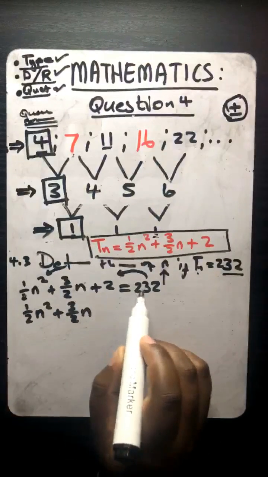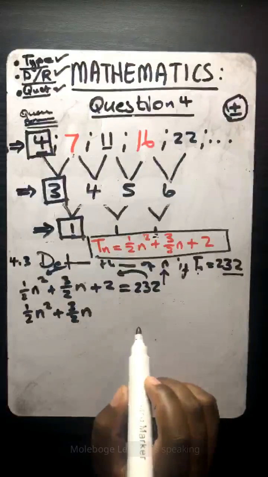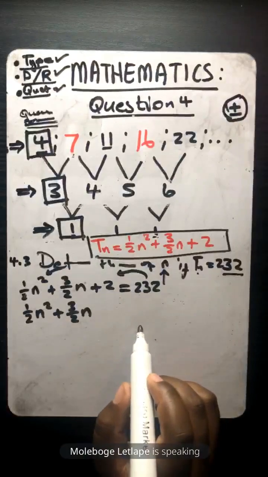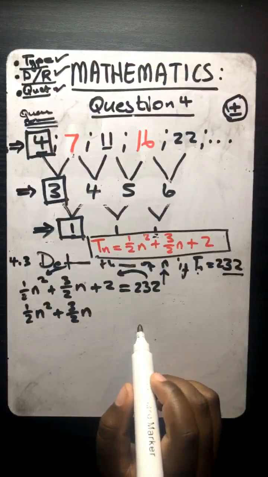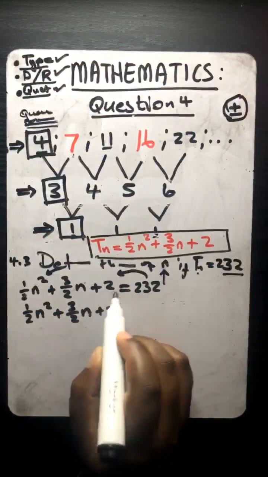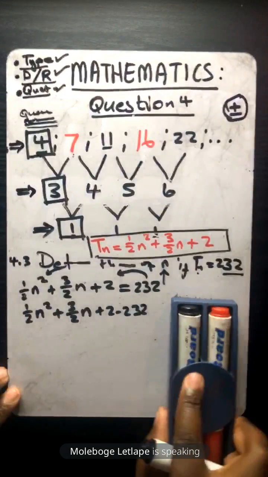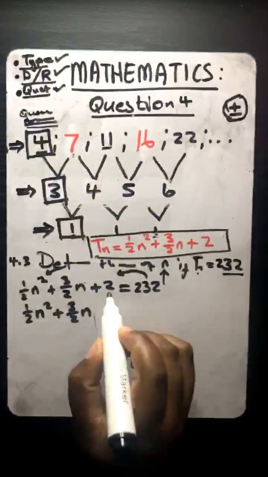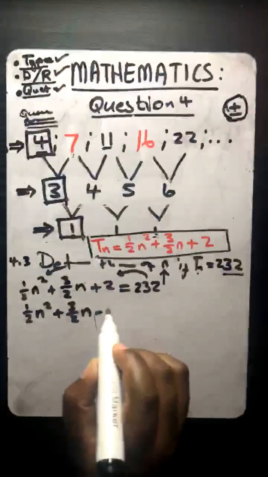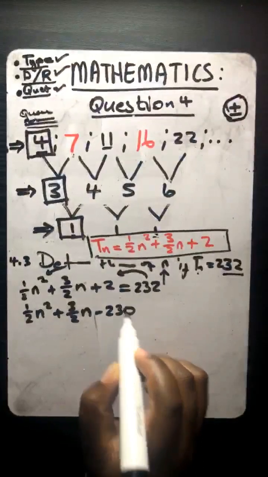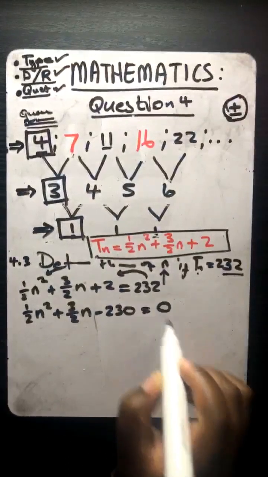That is why when you take it to the other side, it changes the sign and becomes a minus. So it's more like you're having that positive 2 minus 232, which makes it 230, but a negative value because you say 2 minus a bigger number. So you end up having negative 230, which is equal to 0.